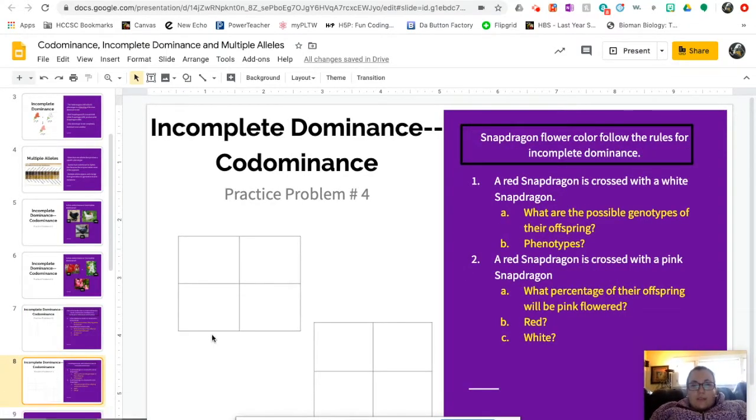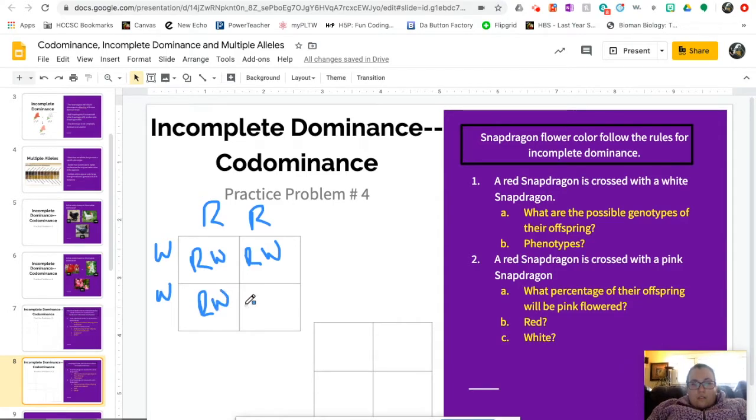This one is going to be incomplete dominance. It says that snapdragons follow the rule of incomplete dominance. With that, you know you're going to use capital letters. A red snapdragon is crossed with a white snapdragon. So red is going to be capital R, white, capital W. So we have R R, W W. Then what are the possible genotypes of their offspring?